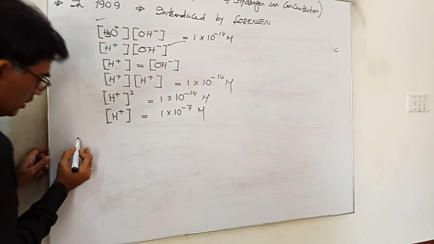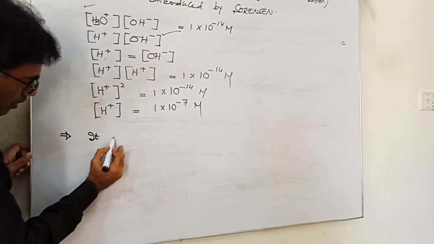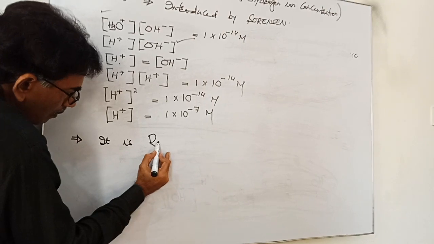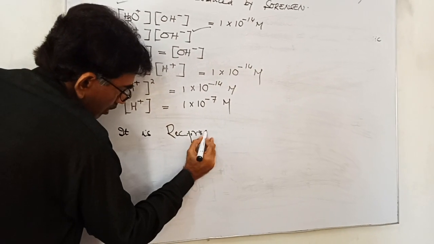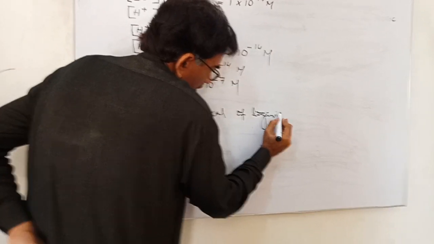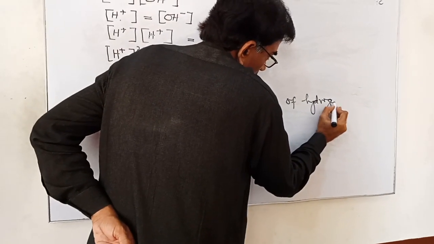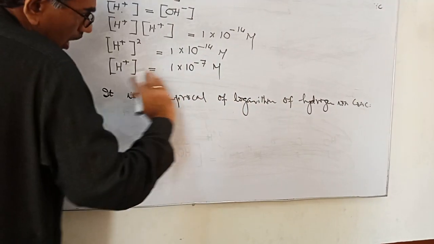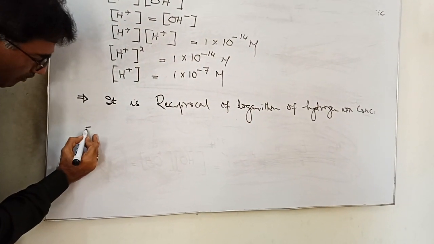In accordance with Sorensen, pH is the logarithm of the reciprocal of hydrogen ion concentration.